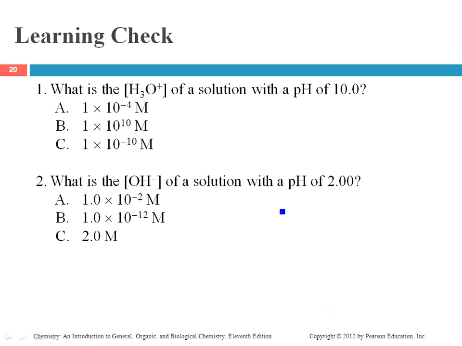We have our pH, so we take the inverse log to the negative 2. If we do second function log of negative 2.00, we get 1.00 times 10 to the negative 2.